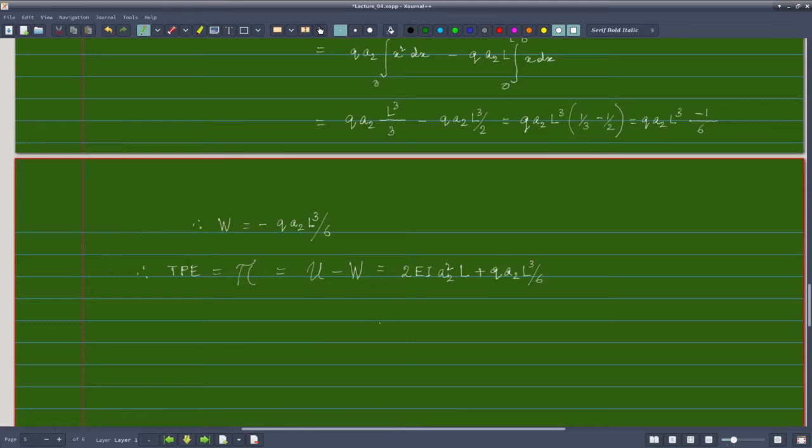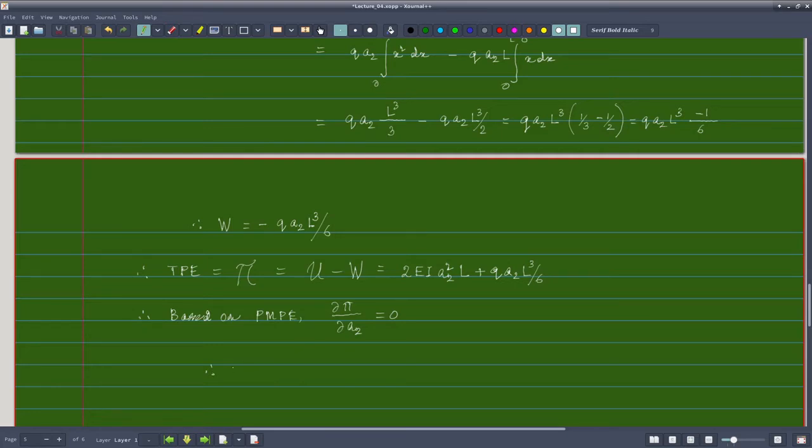Now from the principle of minimum potential energy, PMPE, we know that del pi by del A2 is 0. So let us find the partial derivative of this quantity with respect to A2.